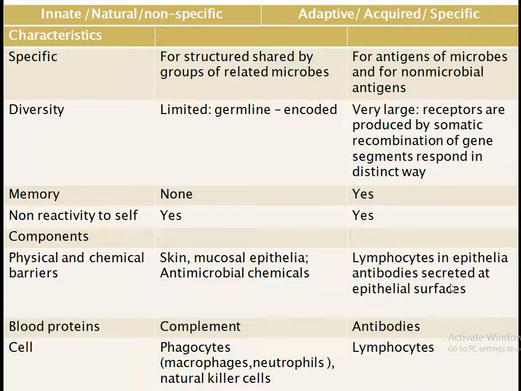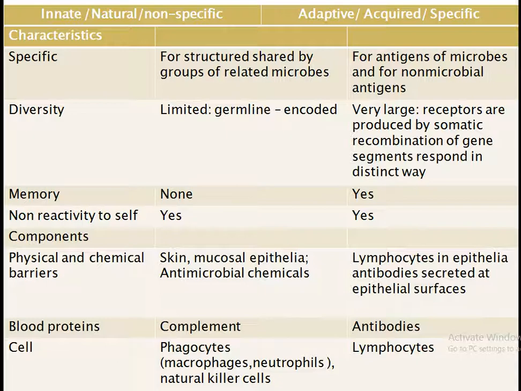As far as the characteristics of these two are concerned, this is a very nice tabulated form to describe the characteristics of innate and adaptive immunity, and at the same time we can compare these two types. Again, this is not present as such in Guyton, so you must concentrate on this slide also.